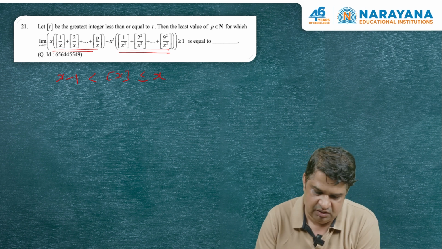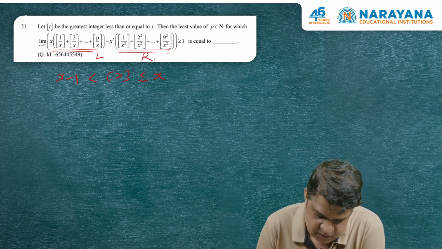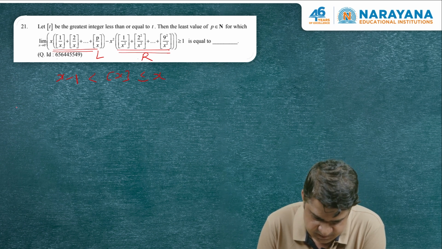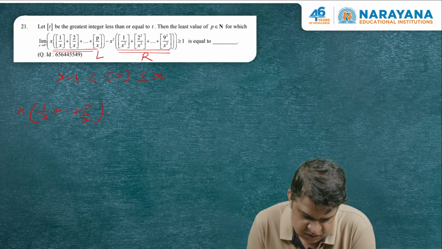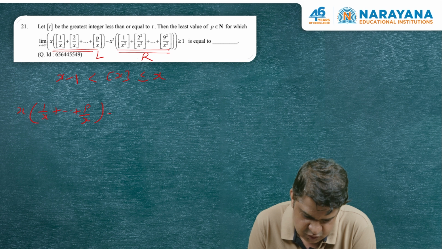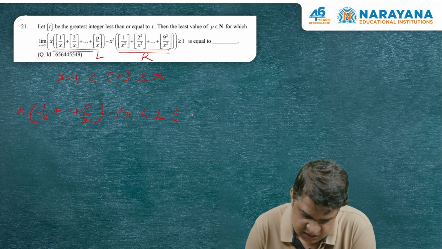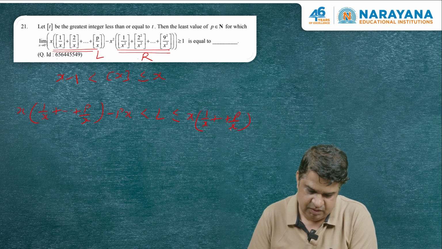If I use this condition on my first expression, let us assume I call this the left expression, and I will call this the right expression. So, my left expression is greater than x times (1 by x plus 2 by x up to p by x) minus 1, p times, so minus p x, and less than or equal to x times (1 by x up to p by x).